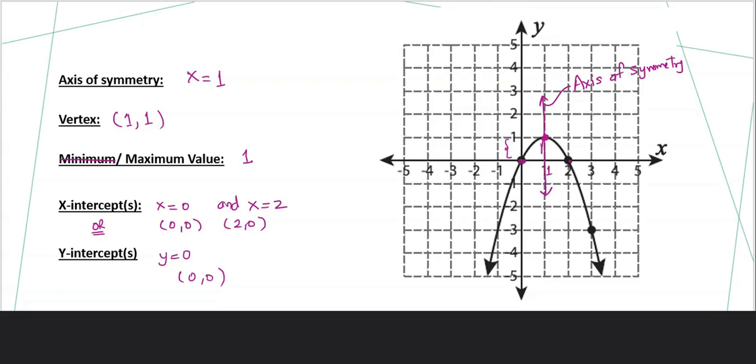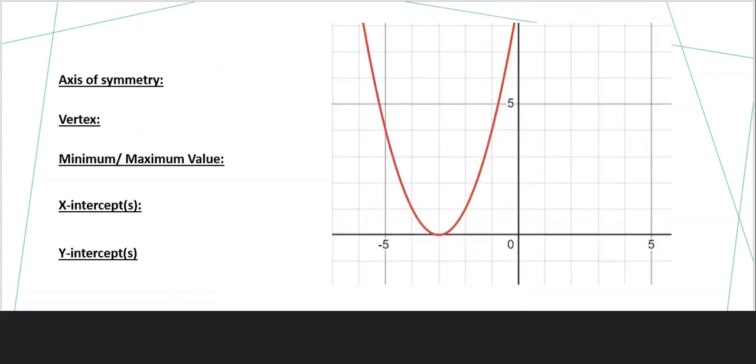Okay, let's see this. In this example, what you see here is that the curve is intersecting the x-axis only here. So for the axis of symmetry, if I write -1, -2, -3, -4, in this case the axis of symmetry is x equal -3. What is the vertex?